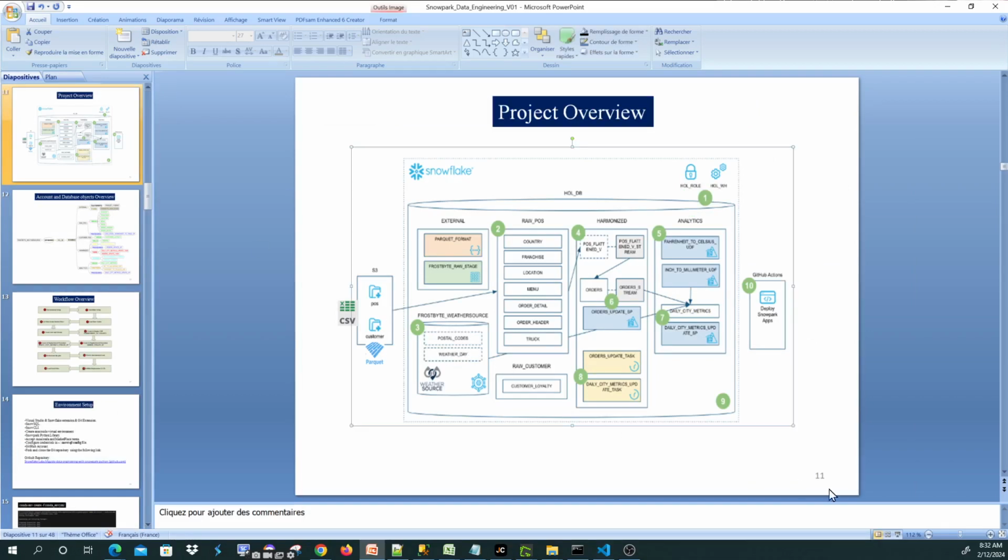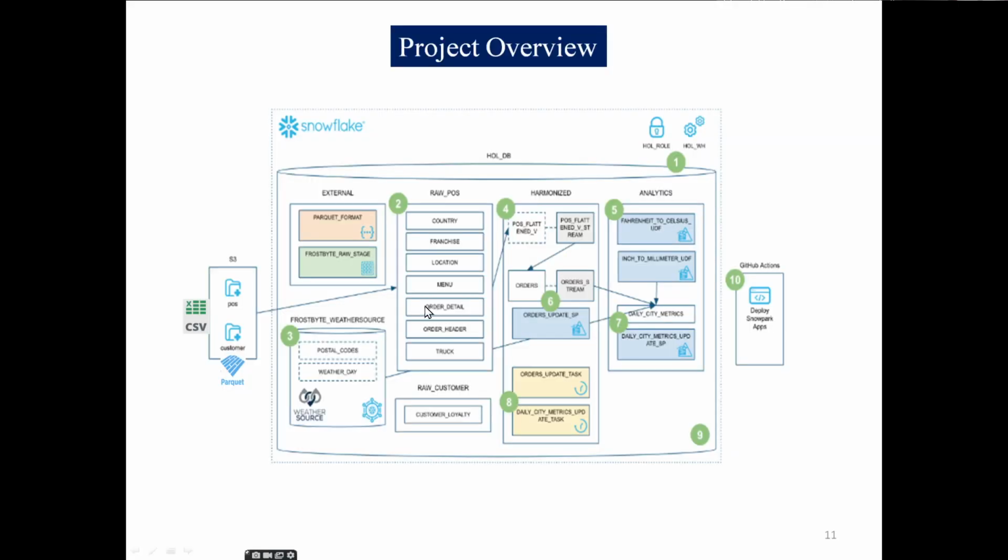Here we have these steps. We have the first step: a source Parquet file will be loaded to the raw order and the raw customer tables, and then we will have the harmonized schema. We will have a flattened view with the stream, and the content of the stream for the change data capture will be loaded in the order table, and we'll create another stream also on the table, and we have here a stored procedure to merge incrementally the content in the order table.